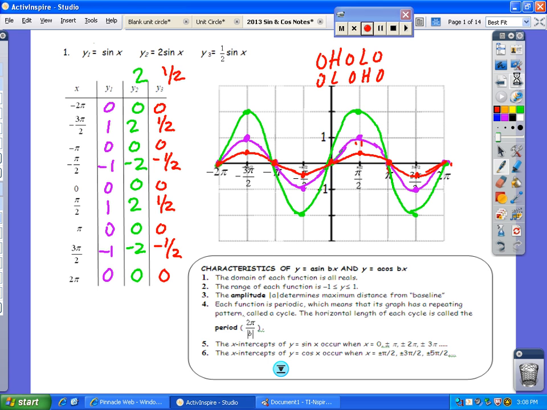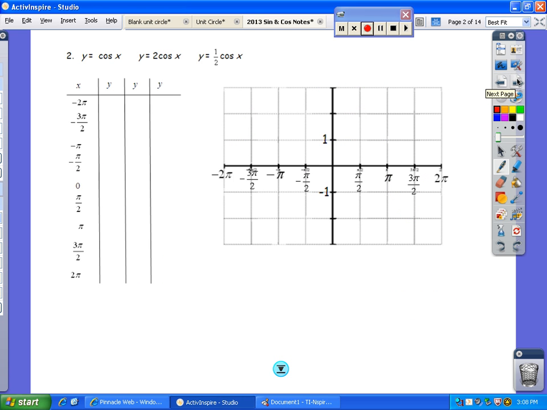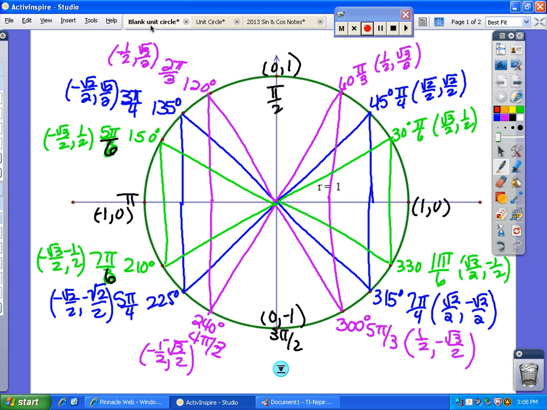All right, let's do the same thing with our cosine graph, using your unit circle again, just like we did before. Let's go back and look at our blank unit circle. At negative 2 pi, what's my cosine? When I say cosine, you say x. So it's 1.